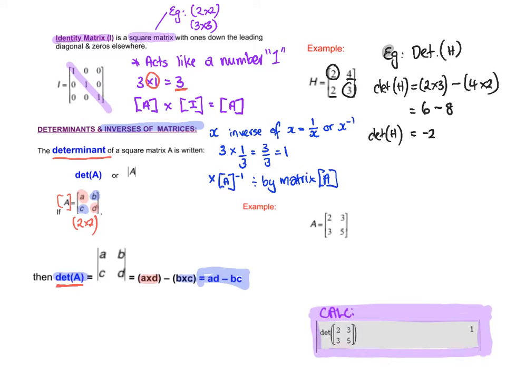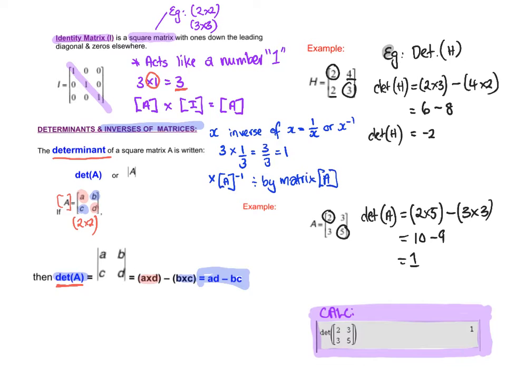That's what you do. If I go to find the determinant of this one, A, so what do you think it'll be? It's this spot times, yeah, so 2 times 5 minus 3 times 3. So we get 10 minus 9, so this one's determinant 1.